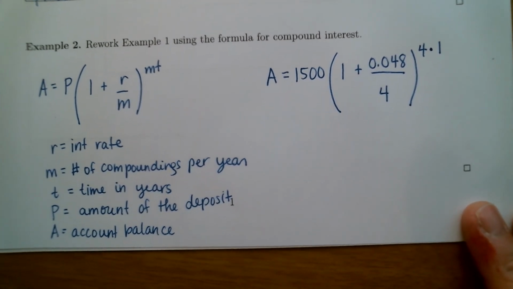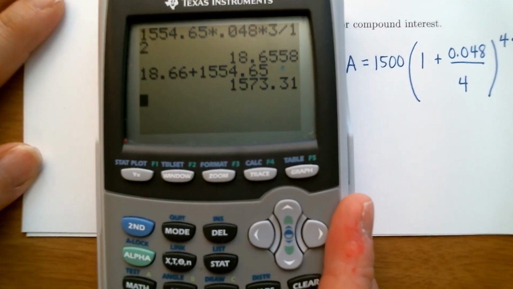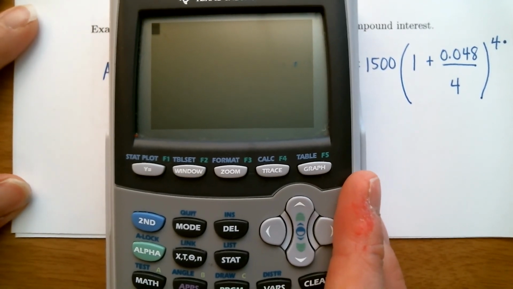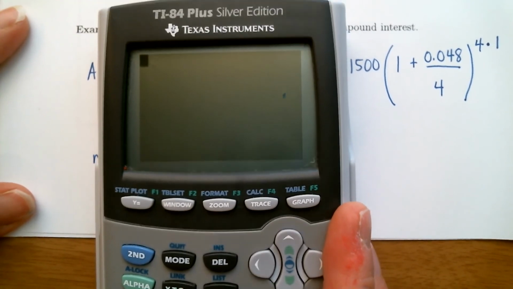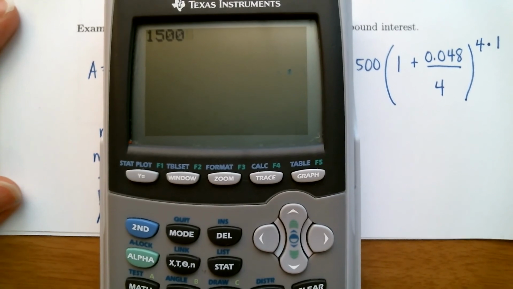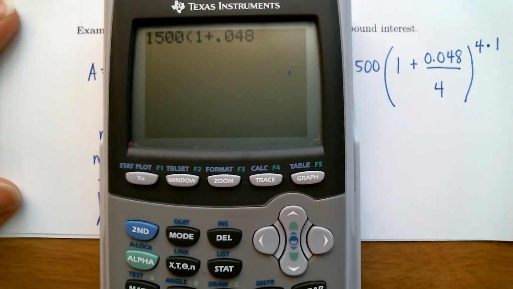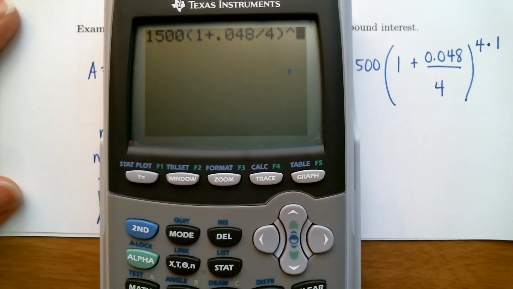All right, so you've got to enter this into the calculator to get your answer. Make sure you pay attention. Every time we do a problem, I will show you how to put it in the calculator, especially as the formulas get more complex. You're basically going to type it in as you see it. So you're going to have 1,500, parentheses, 1 plus R over M, raised to the exponent.